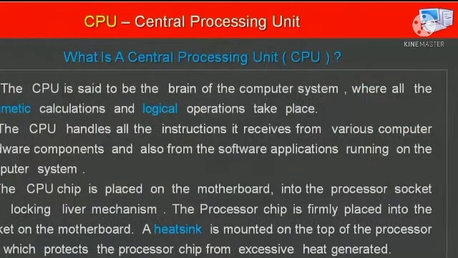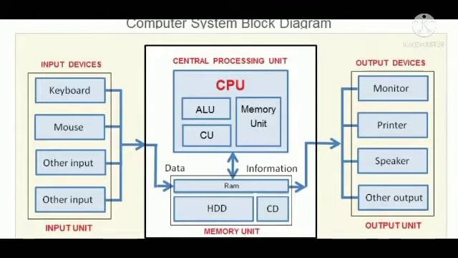The CPU is the main part of a computer system which takes the input or instructions from the hardware units and processes the data with the help of the memory unit, and it stores the information in the memory unit if needed, and also it will display the output to the output devices. This is the computer system block diagram in which the CPU includes the arithmetic logic unit, control unit, and there are internal storage registers inside the CPU.